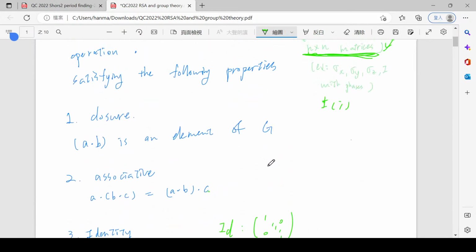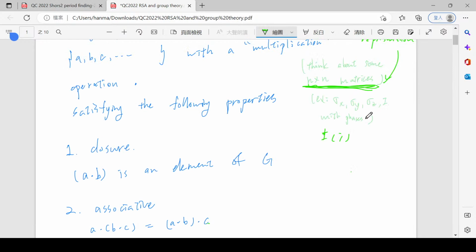And if you want to be non-abelian, then you need to distinguish like sigma x, so every one of those should split into four. You have sigma x, then i sigma x, minus sigma x, and minus i sigma x. Those are different elements. And when you do multiplication, you also need to check the phase, etc. So that's an example.